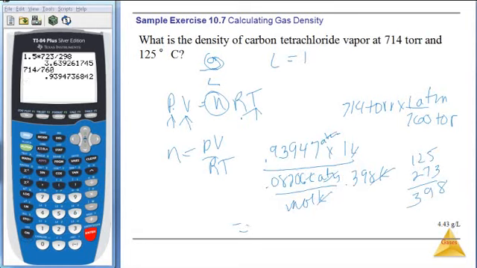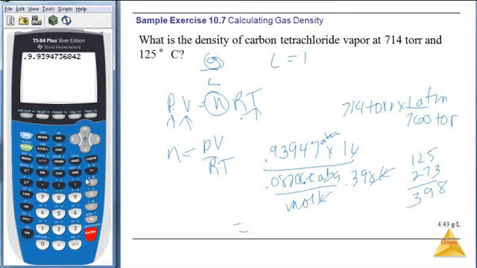And when I do that, I get, let me see, 0.9. Never mind. That was not as easy as I thought it was going to be.